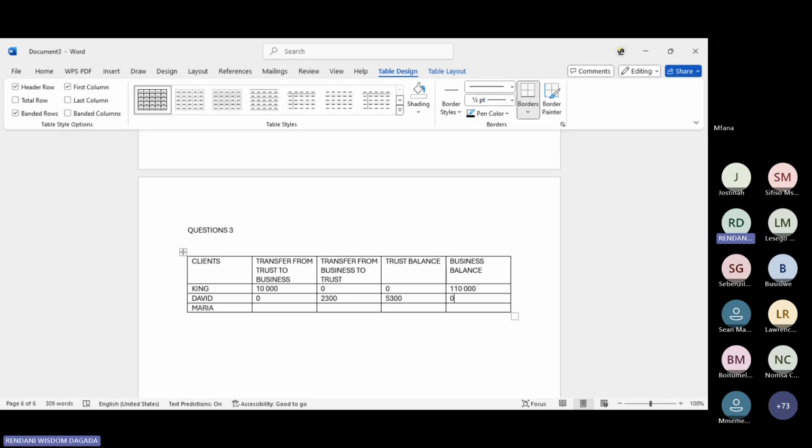Because he doesn't owe the business anything. The balances on the business side are what the guy owes. When there is money in brackets in the trust, what does that mean? Over transfer. The 2,300 is not supposed to be in the business balance. It's supposed to go back to the trust. That's why the trust balance is now 5,300, because it's 3,000 plus the 2,300.